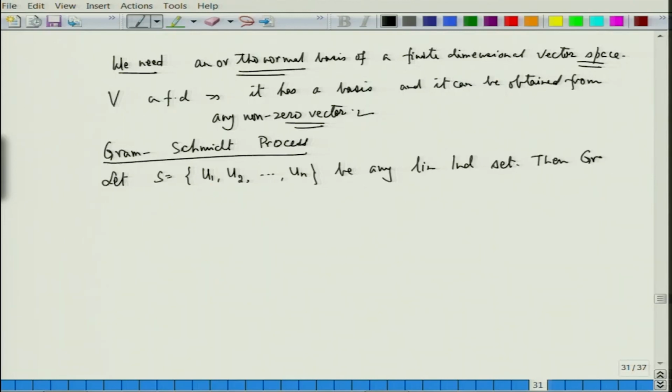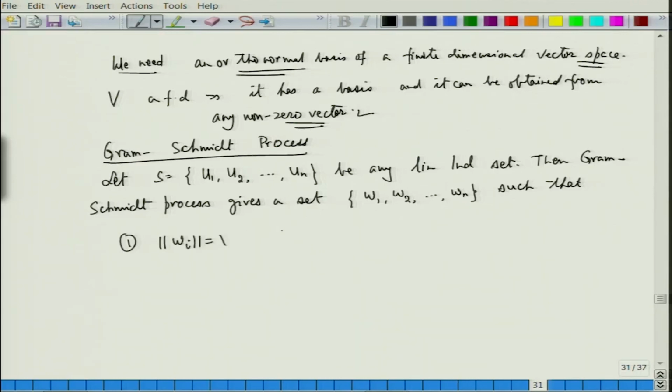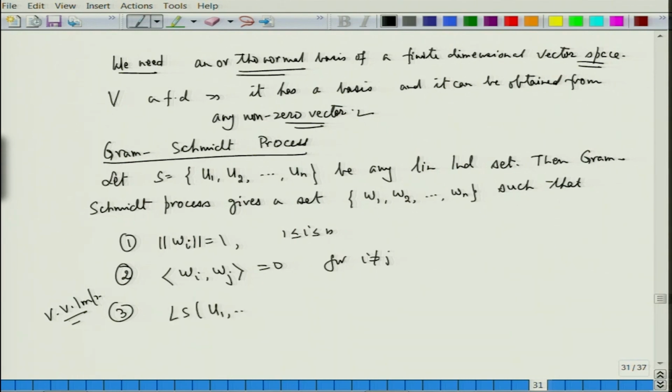Then the Gram-Schmidt process gives a set W1, W2, ..., Wn such that, one, the length of Wi is 1 for 1 ≤ i ≤ n; two, the inner product of Wi and Wj is 0 for i not equal to j; and third, which is very important, the linear span of U1 to Ui is the same as the linear span of W1 till Wi for 1 ≤ i ≤ n.